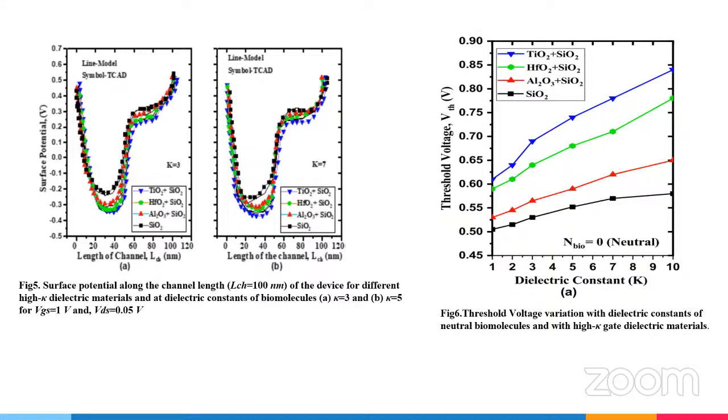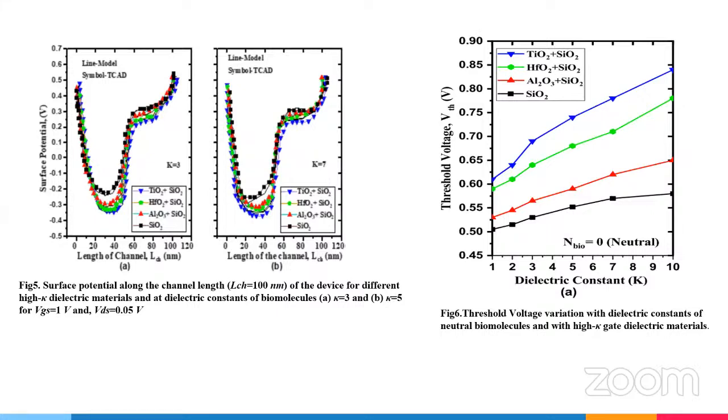This is the surface potential profile that we got for different kinds of high K dielectric. The low K dielectric is SiO2, which is constant, and we are changing the high K dielectric like titanium oxide, hafnium oxide, aluminum dioxide, and SiO2. What we have seen is that as the dielectric constant increases, the central channel potential decreases.